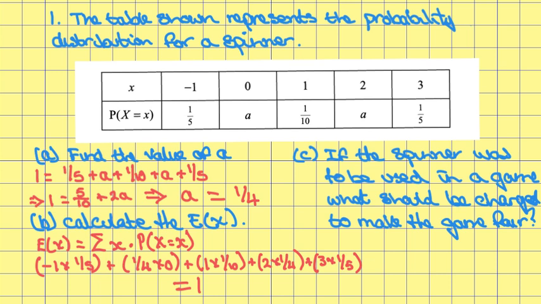So if I had to pay $1 in order to play that game, nobody would win and nobody would lose. So over a long period of time, I would keep paying $1 to play and I would keep winning $1. So therefore, the game would be fair. So the price that needs to be charged is $1.